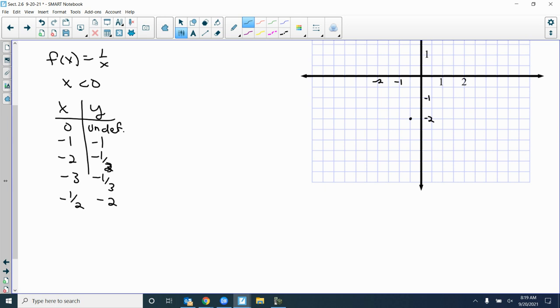At negative 1, it hits at negative 1. At negative 2, negative 1/2. It's just going to keep getting closer to the x-axis as it goes to the left. And as it gets closer to 0, it's going to go vertically down. So it's going to look like that. That's also on that sheet as well. All right, you graph the second part. See what you come up with. Think about that.